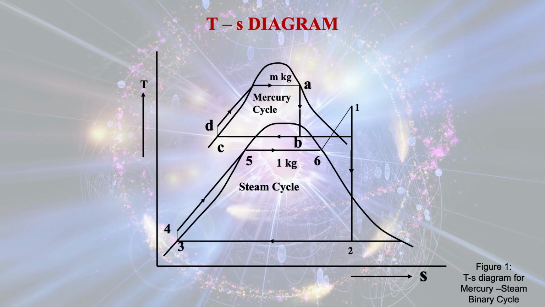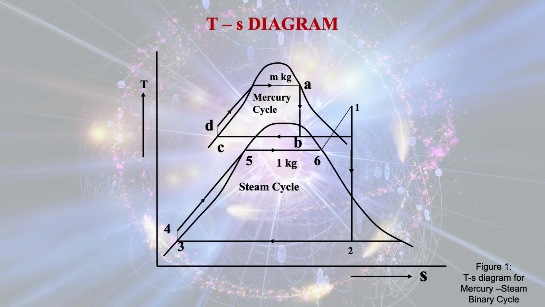Now this is the TS diagram, that is temperature entropy diagram for mercury steam binary cycle. There is a TS diagram for the topping cycle, that is the mercury cycle, and there is a TS diagram for the steam cycle.